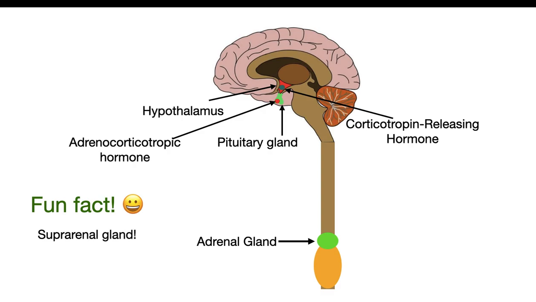When the adrenocorticotropic hormone reaches the adrenal gland, it will produce a hormone called cortisol. So let's say this is the cortisol. The cortisol is very important in stress.